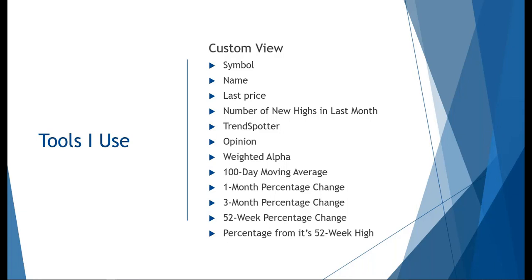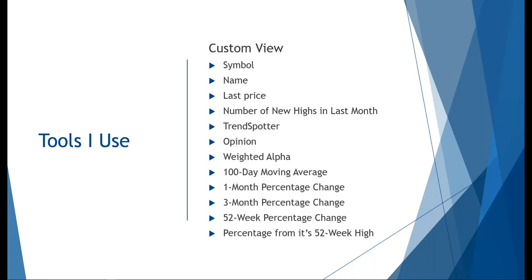Barchart Opinion is a weighted opinion using data over the past year, but weighted heavily toward the current quarter. Weighted Alpha, again, is using data for the entire year, but weighted heavily into the last half of the year. Of course, the 100-day moving average, when you're talking about a moving average, you're really looking at what the price was about 50 days ago.